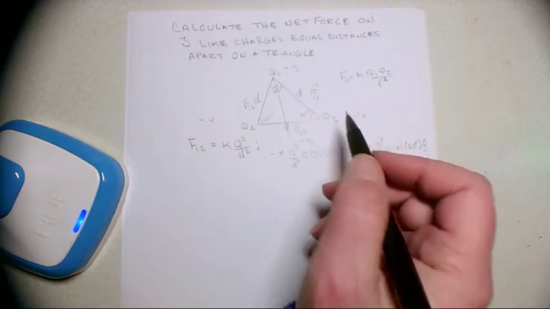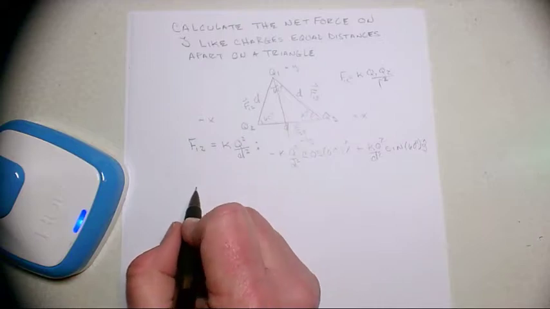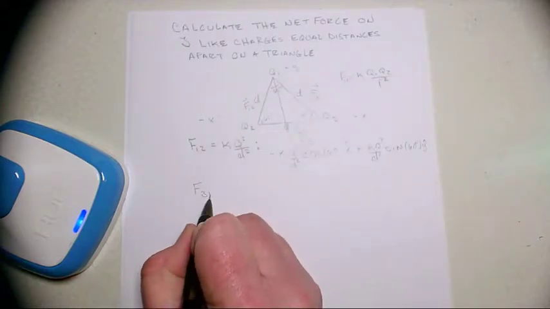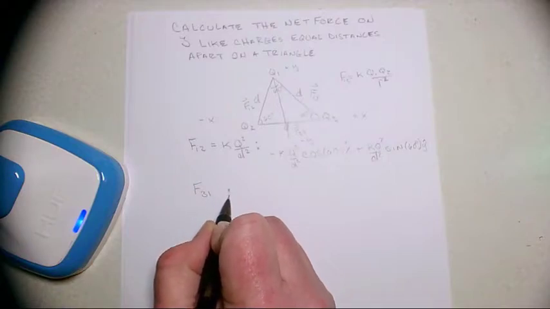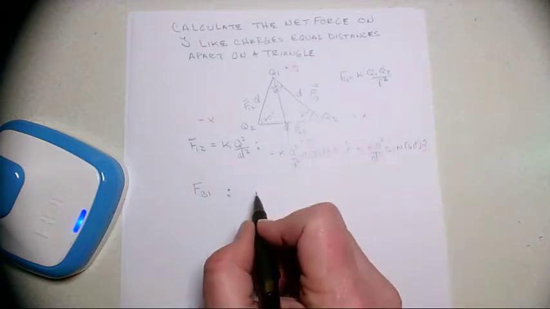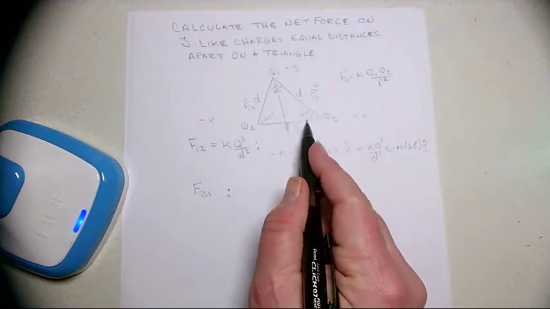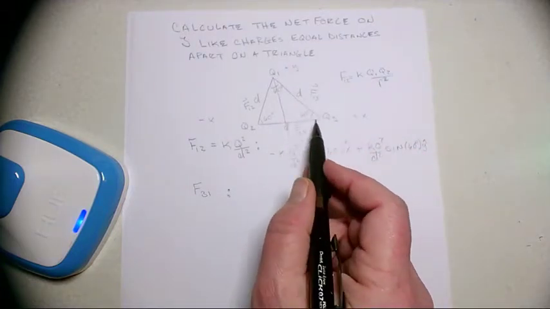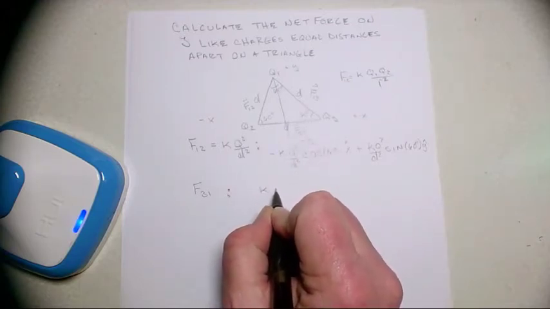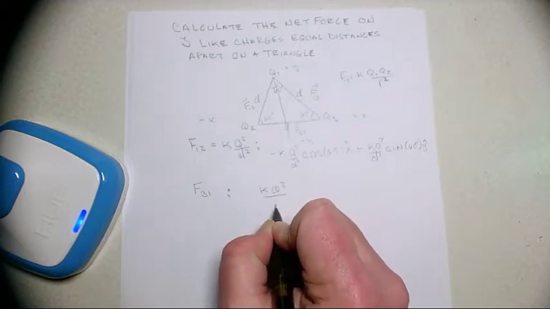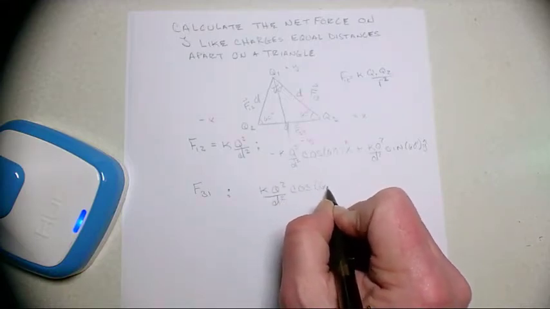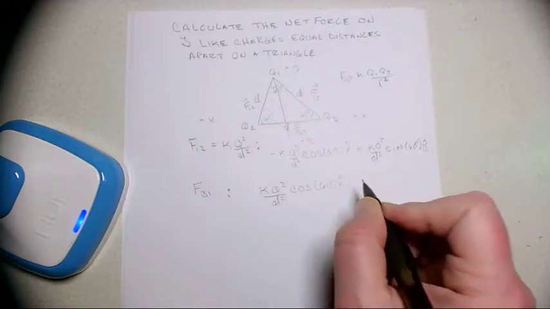So let's do it for Q3. So F3 onto 1. So we are in the positive x-axis. So the adjacent side is still the cosine, so I'm sorry, the x component. So k q squared over d squared times cosine of 60 x hat.